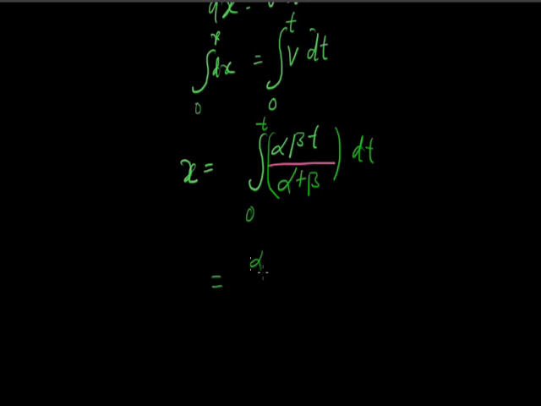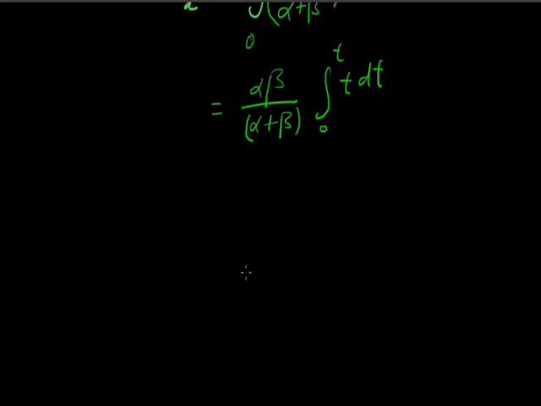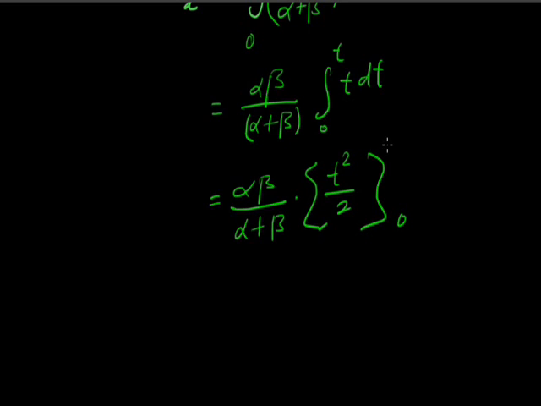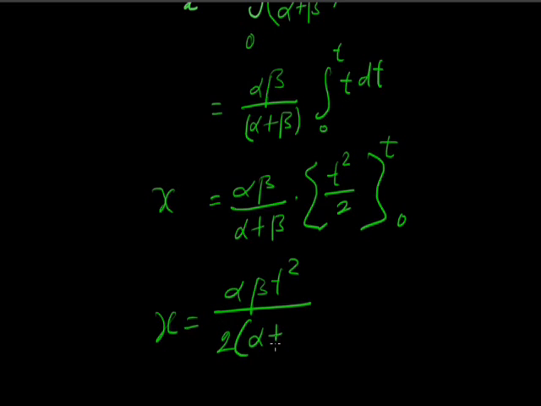Alpha beta upon alpha plus beta is constant, and we integrate t dt from 0 to t. Integration of t is t square by 2, with limits 0 to t. So x is equal to alpha beta t square upon 2 into alpha plus beta. This is the second method to find the displacement.